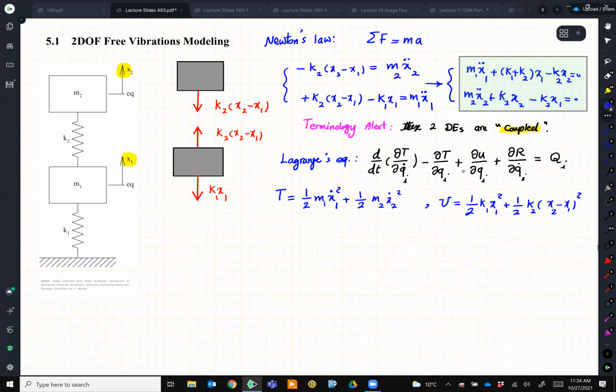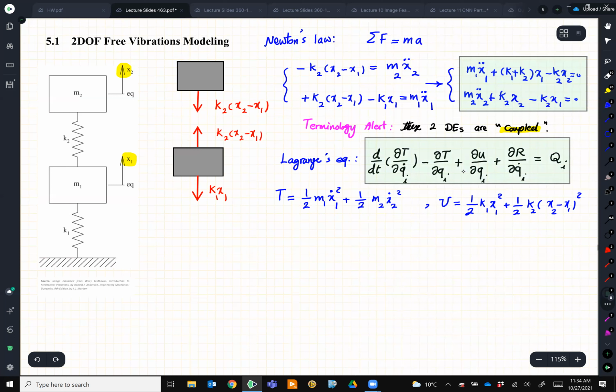So our Lagrange equation, now we can repeat it because we have two variables. We can have 10 variables, doesn't matter. So q represents our variables. First, we will do it for x1.